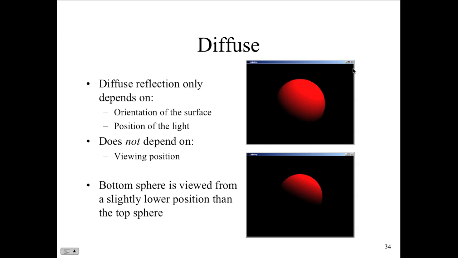So the diffuse is coming from this angle on the light source. Diffuse reflection only depends on the orientation of the surface and the position of the light; it does not depend on the viewing position. Our viewing position is this way. Can you see that? A little bit. It's a little darker on your screen.